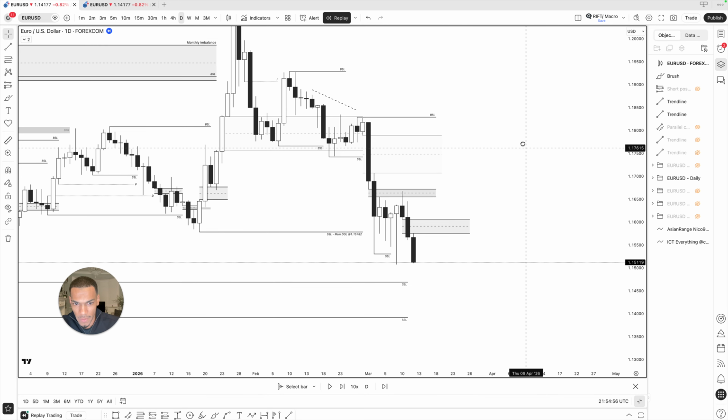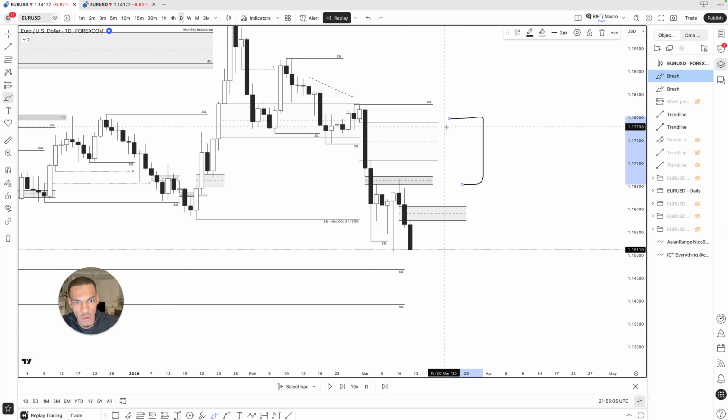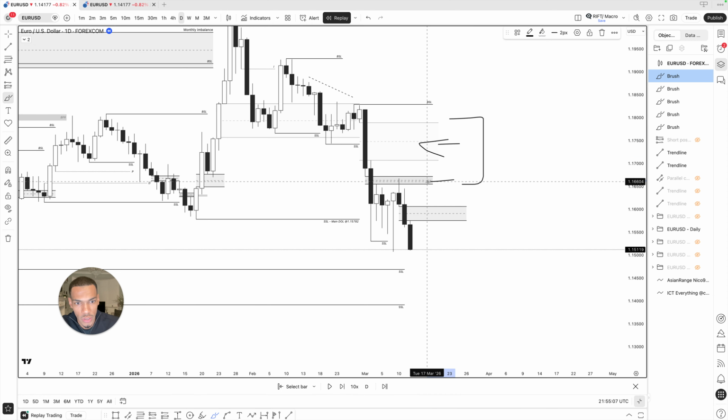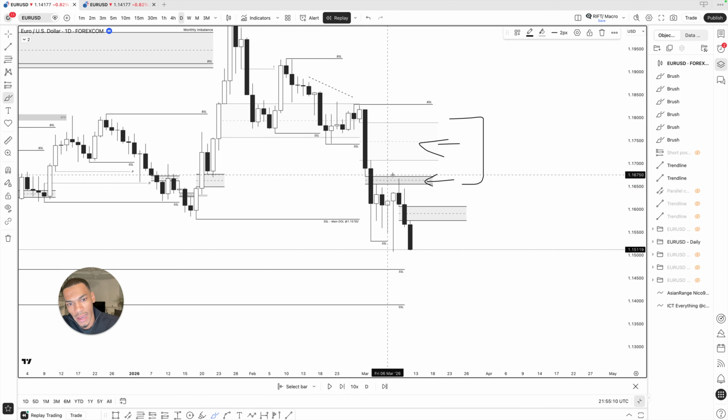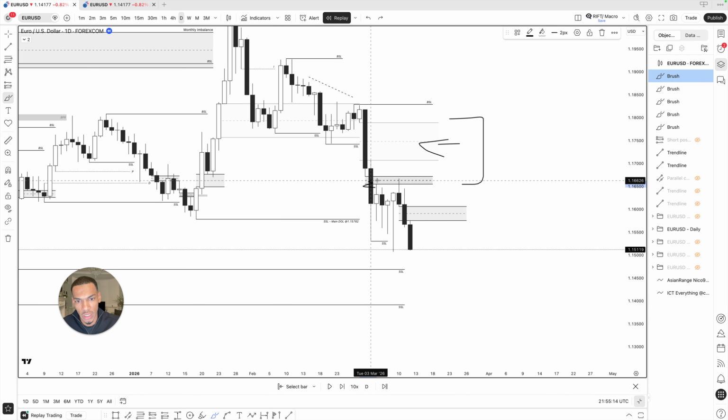Here I want you to understand, and I said this in the last video, how we were looking at price reacting from one of these two arrays, this one or this one, right? This one wasn't ideal because it was a discounted array and also it wasn't present on DXY.